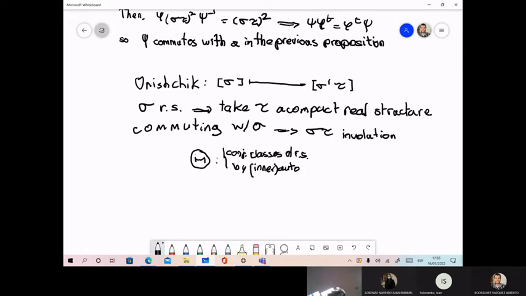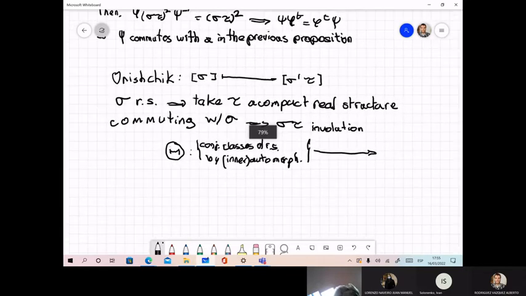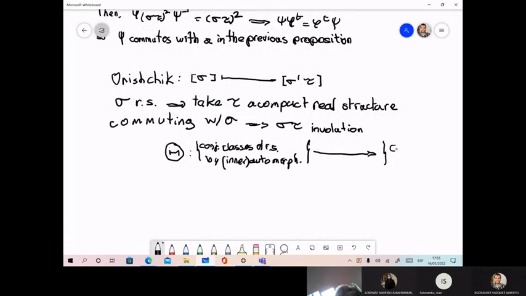This inner here, as it will be seen in the proof, I think is completely redundant. And this will take our real structures into conjugacy classes of involutions, by inner automorphisms also.